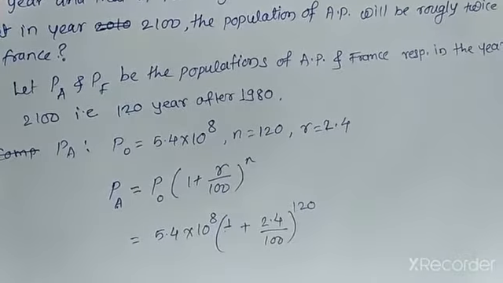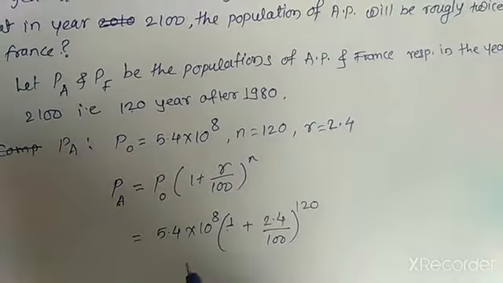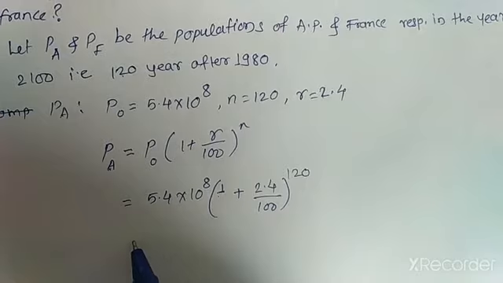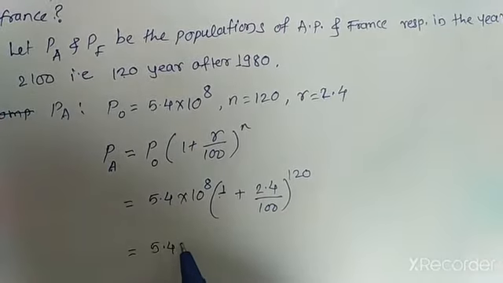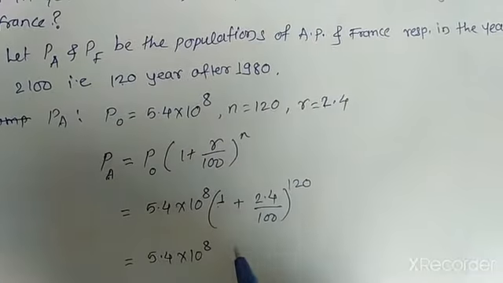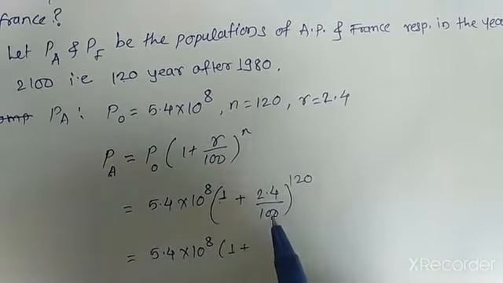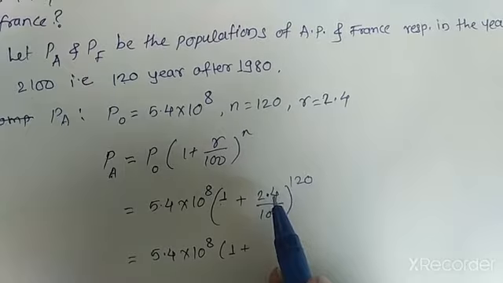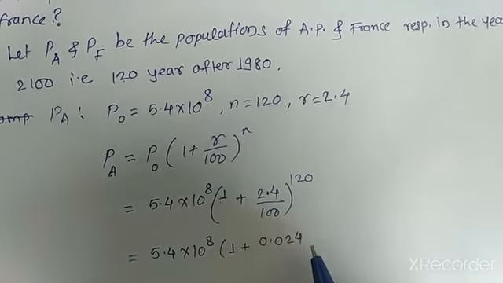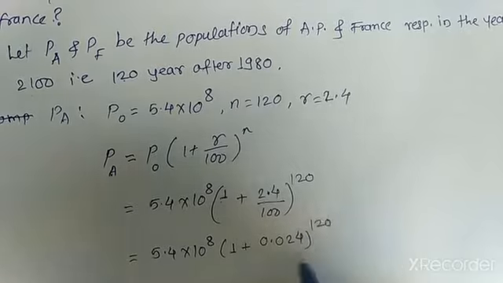The calculation gives us 5.4 into 10 raised to 8, and this can be written as 1 plus 2.4 upon 100, which means 0.024, raised to 120.